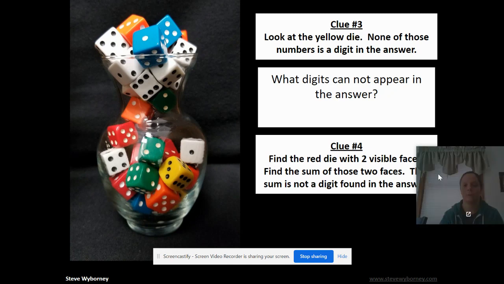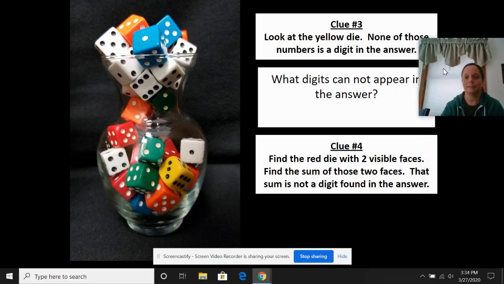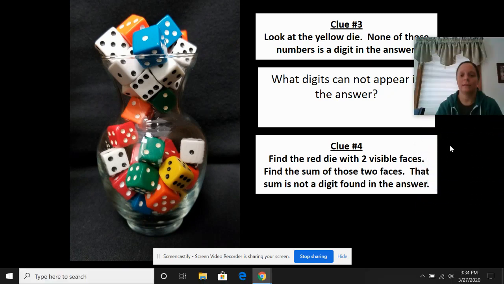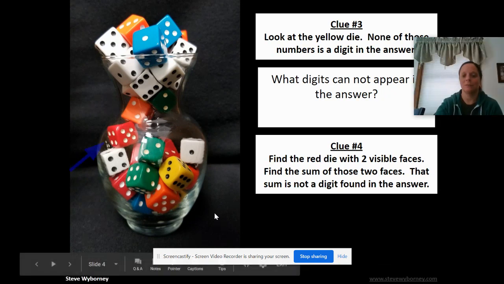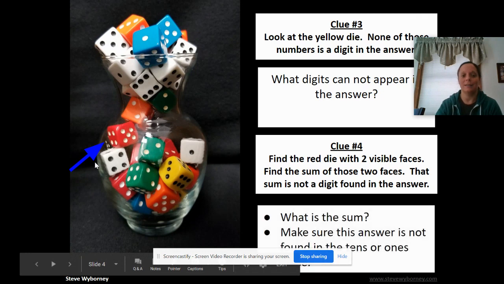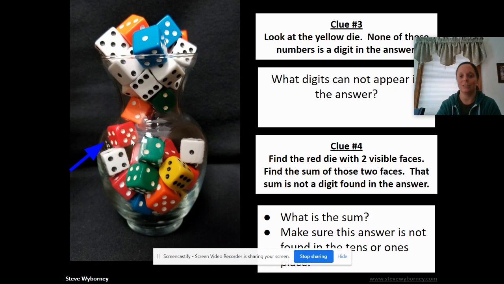Clue 4, find the red die. And so if you look at the picture, there's a lot of them right now, but really there's only one where you can see 2 faces. But just in case they weren't sure, I did add in this blue arrow. So I'm highlighting this here.